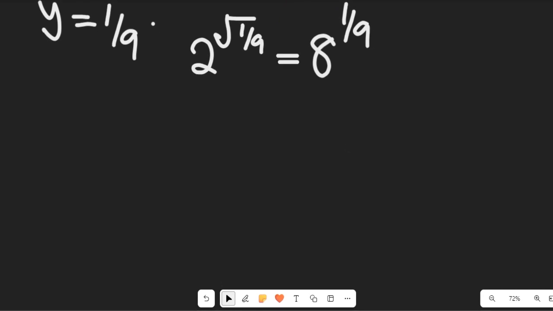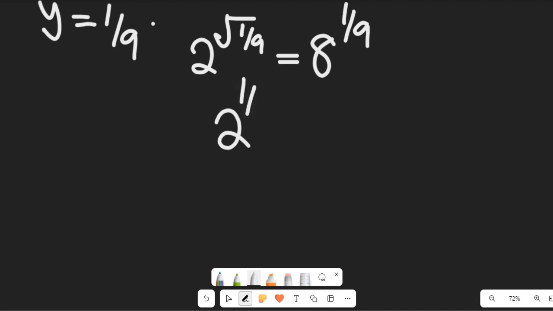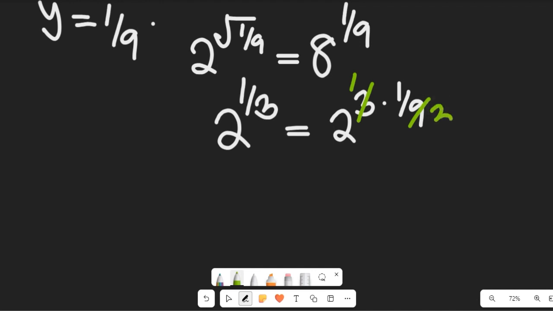This is going to give us 2 to the power of 1 divided by 3, and this will be equal to 2 to the power of 3 multiplied by 1 divided by 9, which gives us 2 to the power of 1 divided by 3.